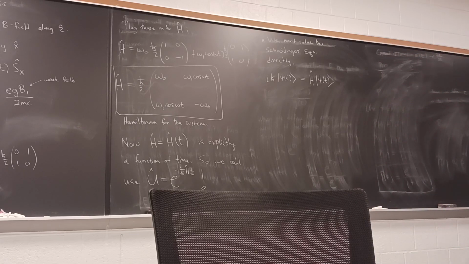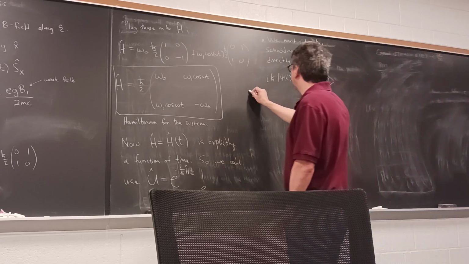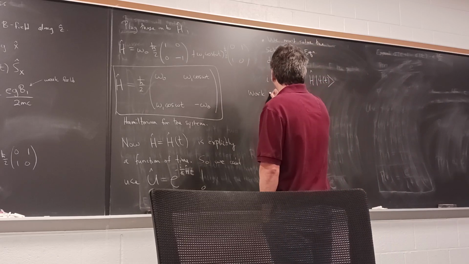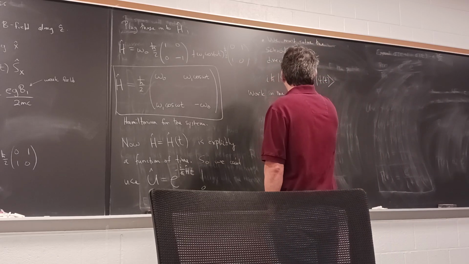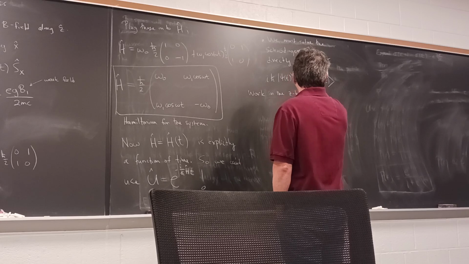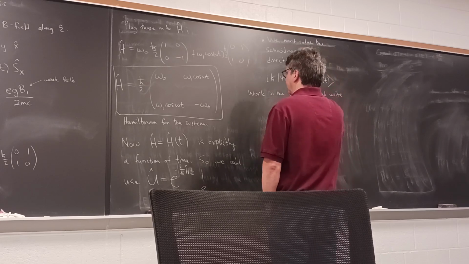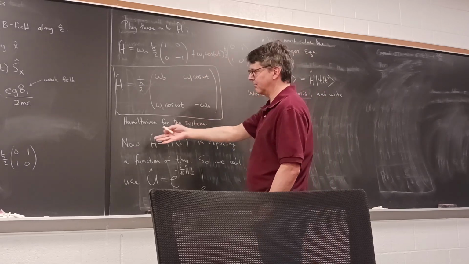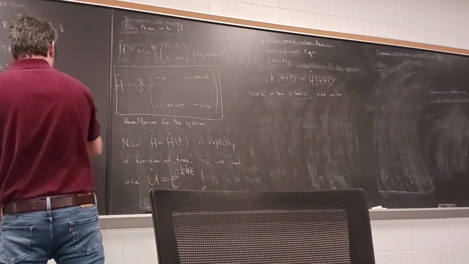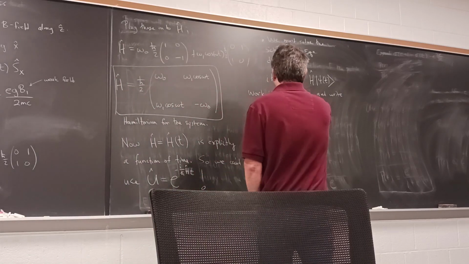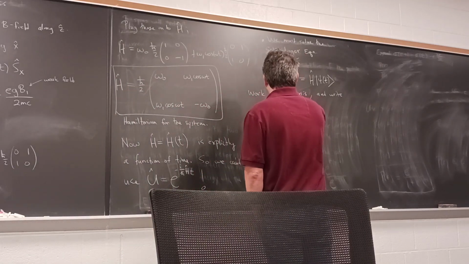Okay, so let's work in the z basis. This is already in the z basis anyway. Both of these operators are expressed in the z basis. But let's write psi of t.